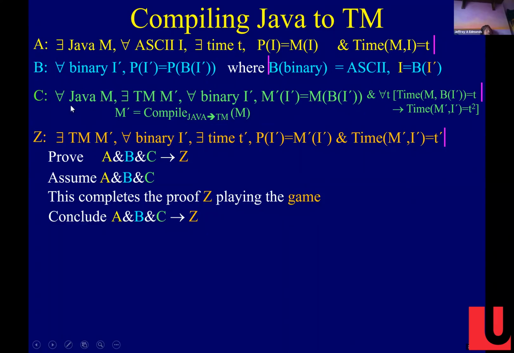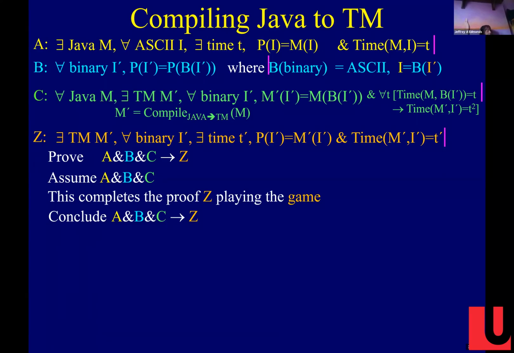What we said is you take a Java program, you compile it. You have a compiler on your desk that compiles it into machine code. And then we said, well, if machine code can do it, then a Turing machine can do it.